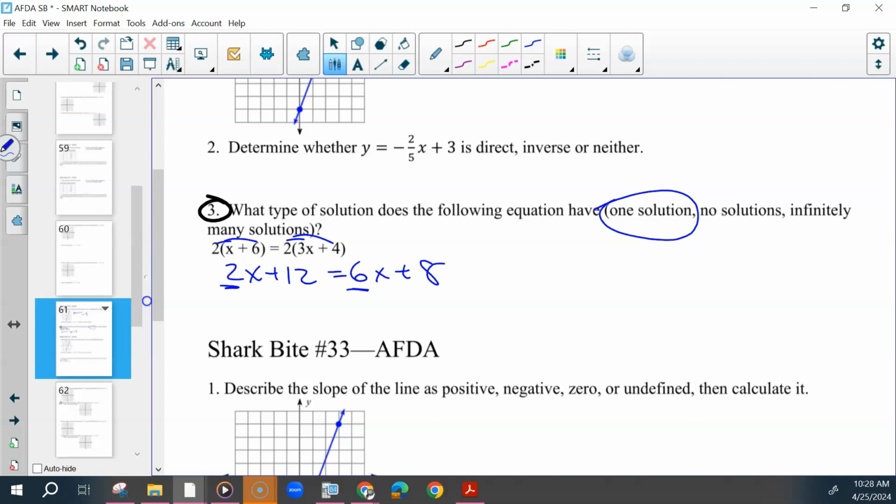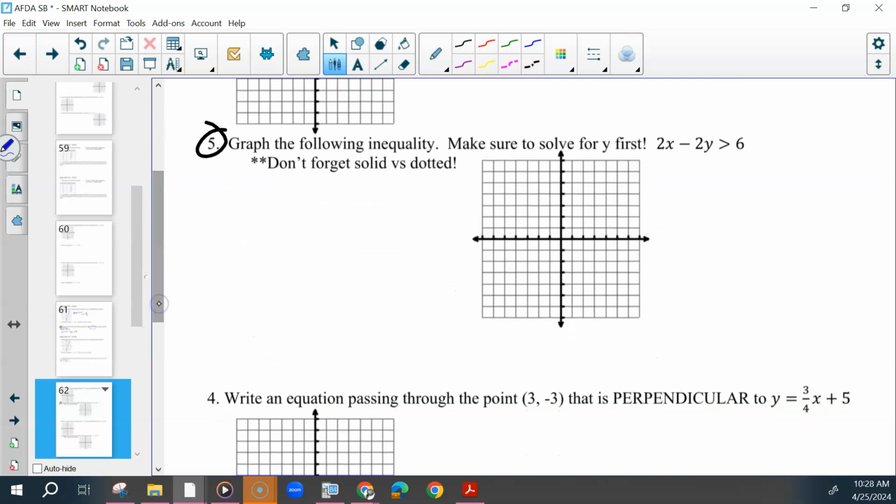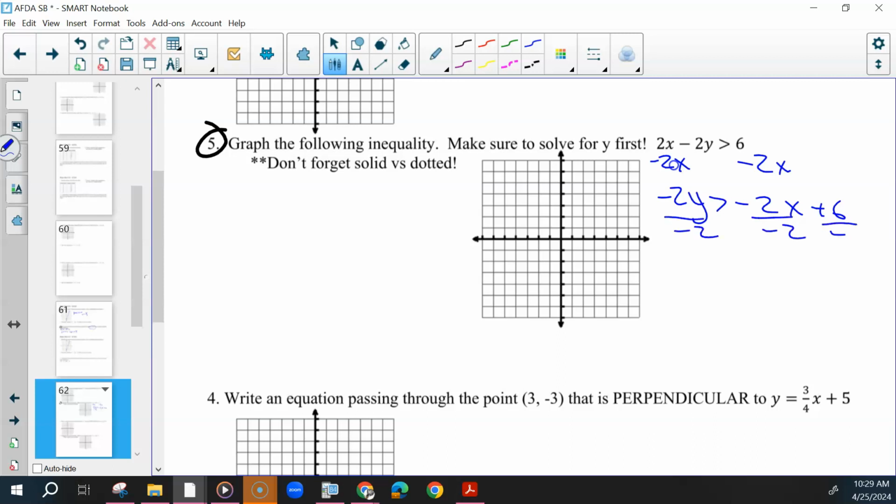And then number 5. Graph the following inequality. So we have to solve this first, get this back into slope intercept, subtract our 2x. And then divide everything by -2. And that's going to change the direction of the sign and make everything positive. It's going to switch the signs.